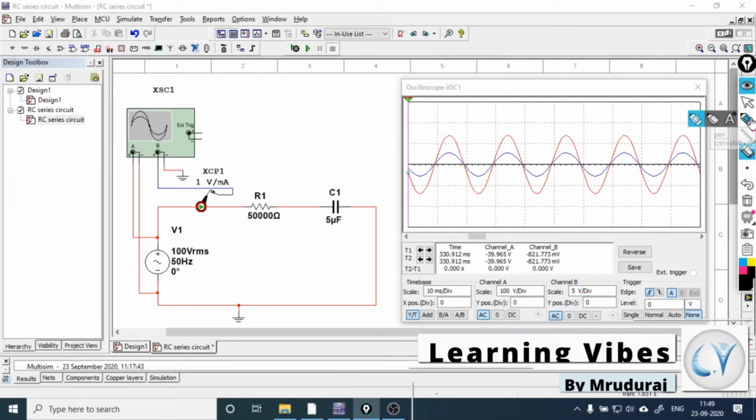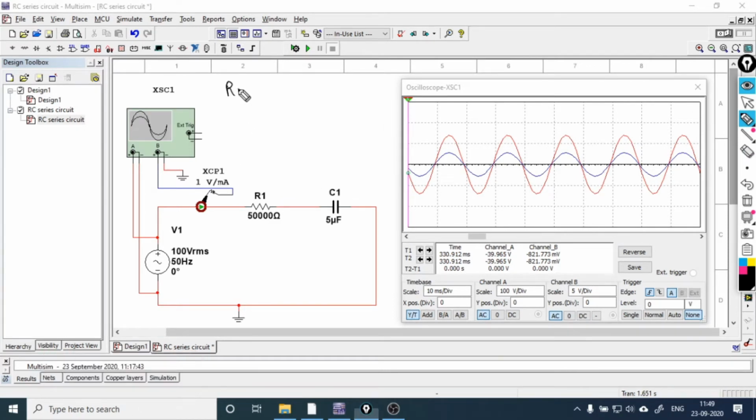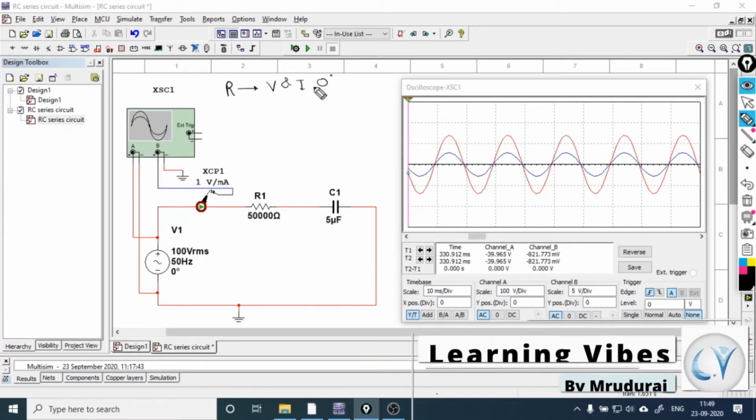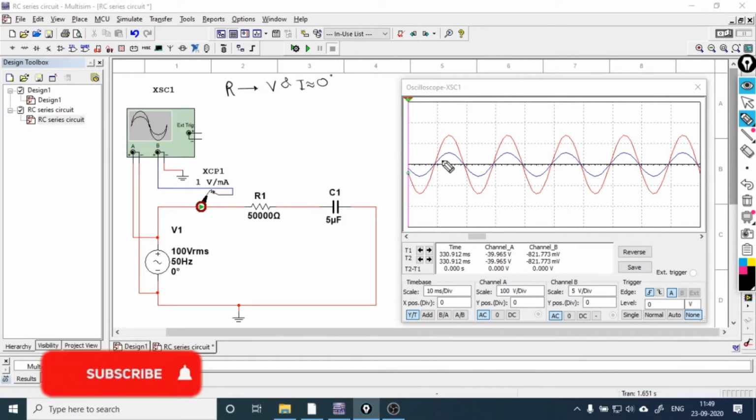So it is true that when the circuit is purely resistive, voltage and current are in phase. The phase difference between them is almost 0, or equal to 0, in our circuit.